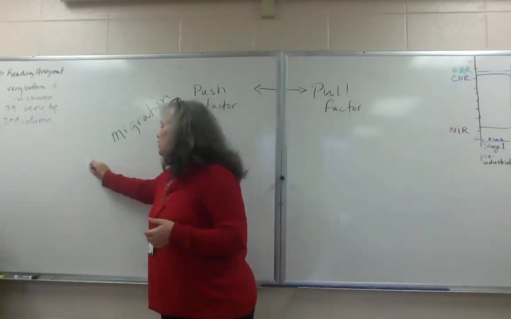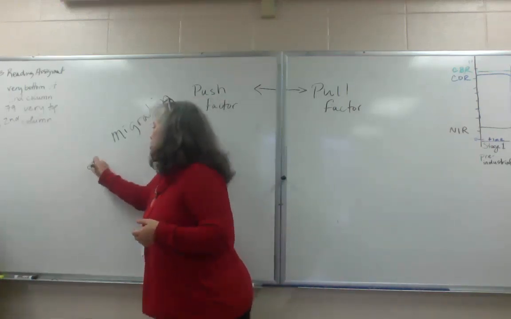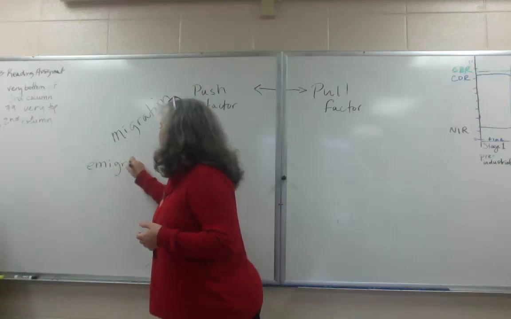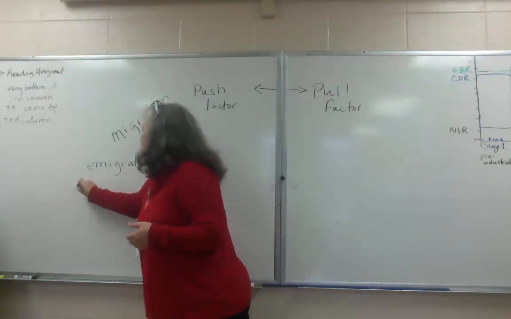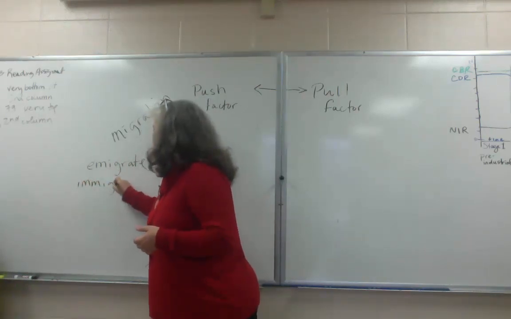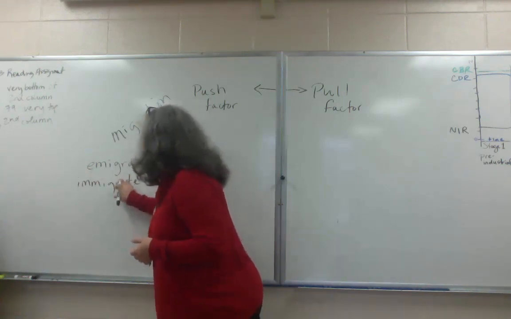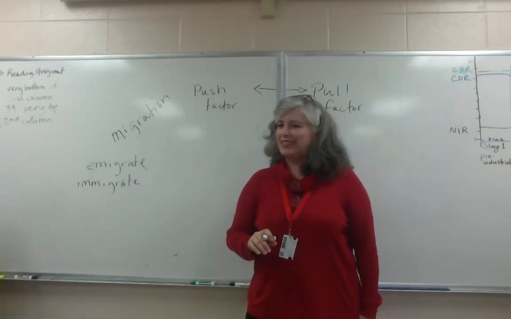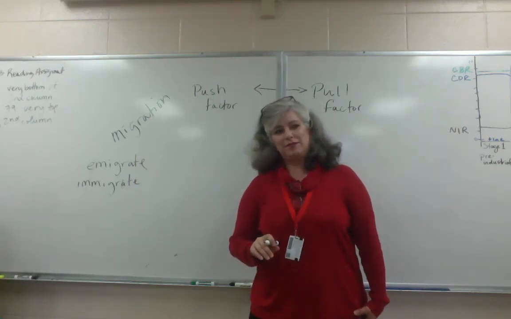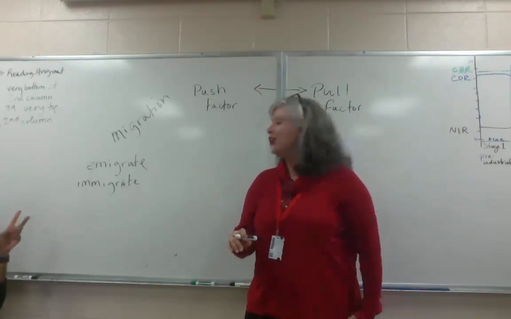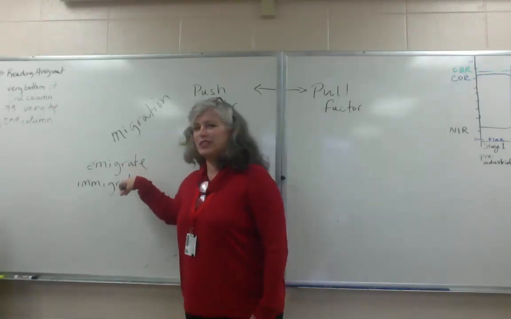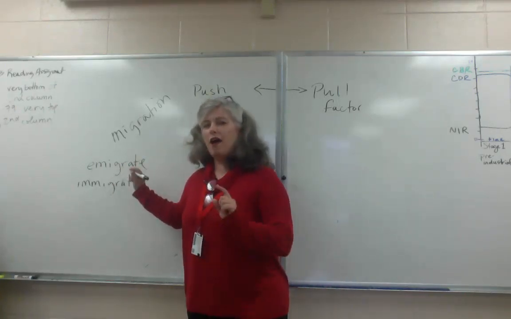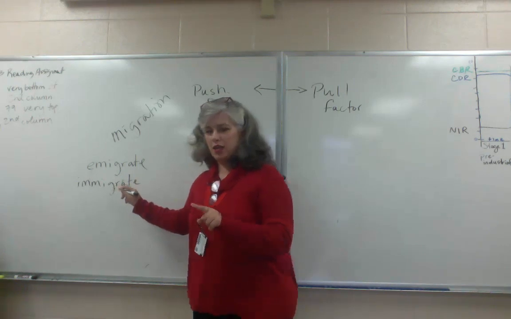So there's 2 different kinds of migration. One is spelled this way, to emigrate, and the other one is spelled this way, to immigrate. Don't you just love it when they're pronounced almost exactly the same way? Okay? Who is already aware of the differences between these 2 things? Isn't the one that starts with an I, like going into?